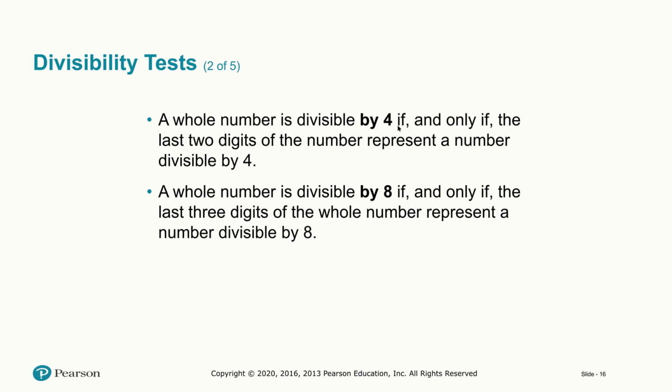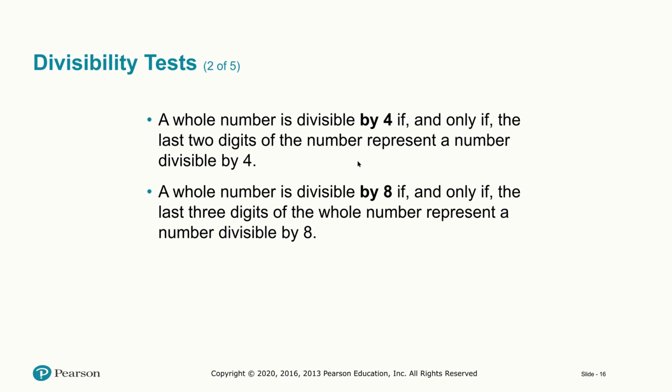What kind of numbers are divisible by 4? Well, not as easy to determine as it is for 2, but not that hard either. As long as the last 2 digits of the number form a number that is divisible by 4, then it's divisible by 4.